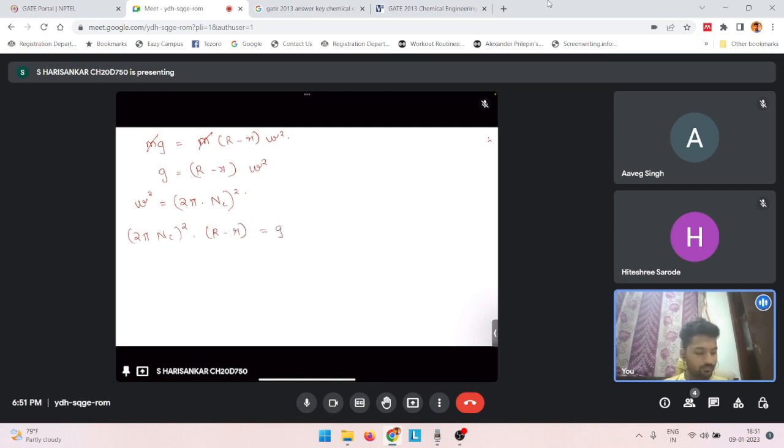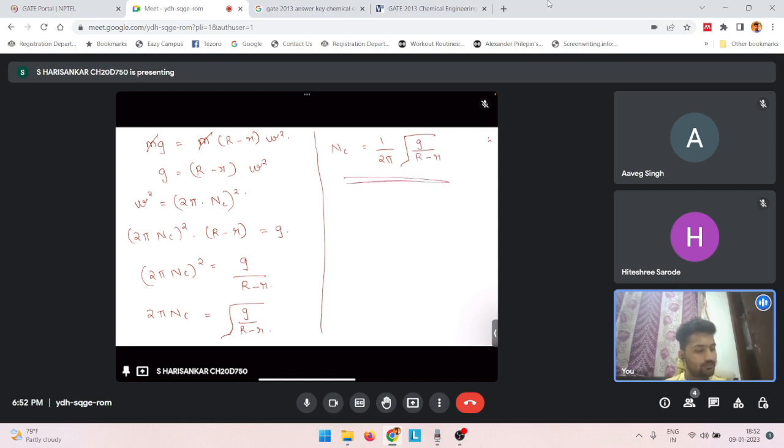If we rearrange it, 2 pi Nc the whole square is equal to g by (R minus r), or 2 pi Nc is equal to root of g by (R minus r). One more rearrangement, and we can write Nc is equal to 1 by 2 pi root of g by (R minus r).